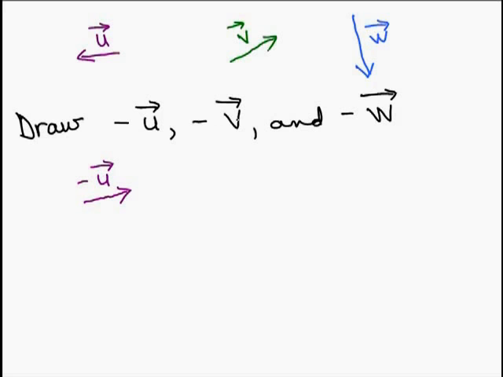If you want to do negative v, it's got the same length, but it's going the opposite direction. So negative v is something like this. That would be negative v. And similarly, if we have negative of the vector w, it would have the same length as w, but it would go in the opposite direction. So it looks like this.